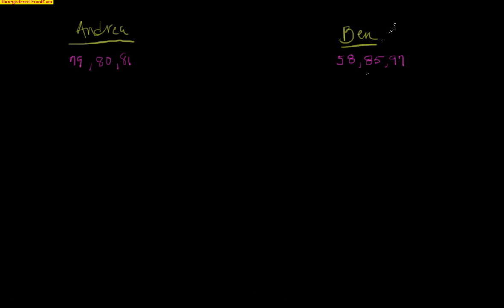But let's talk about what is going on with these two and take a look at the standard deviation. What we've been doing in class is a dot plot. For Andrea's data, she scored an 80, a 79, and an 81, and we look at the average distance from the mean.